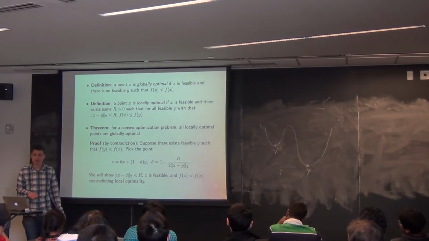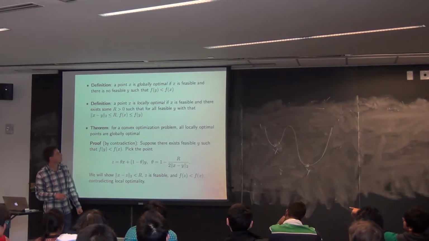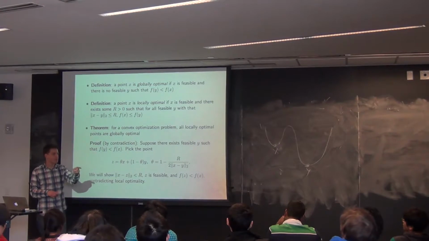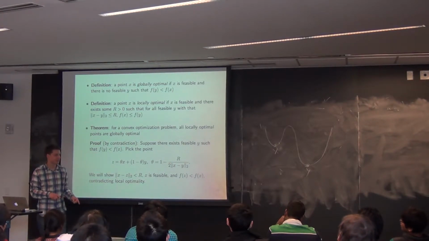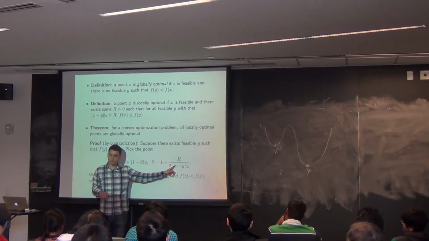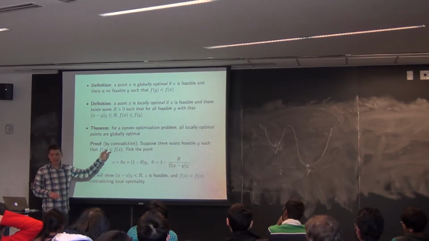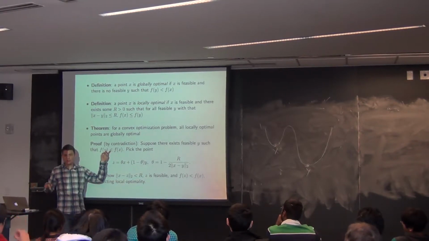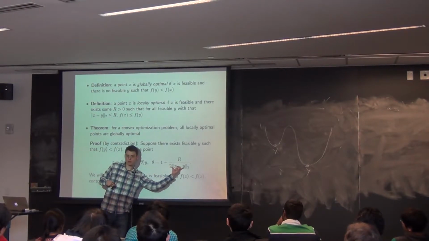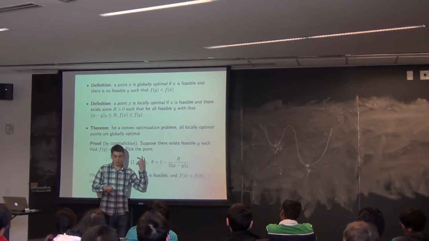Because the point is that we're assuming x here is locally optimal, and y is a global optimum, so that it's not within that range. So that means that this distance here is bigger than r, so this whole thing is less than 1. Actually, it's between 0 and 1.